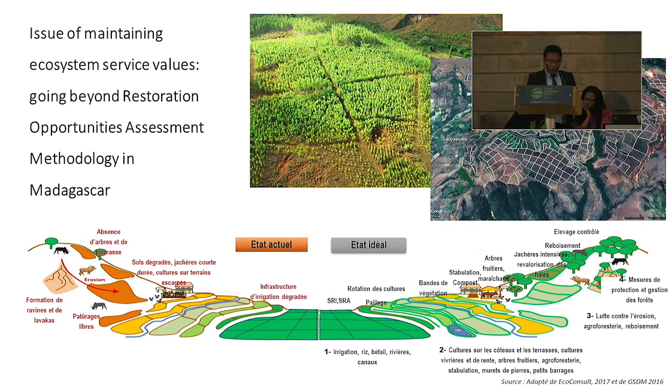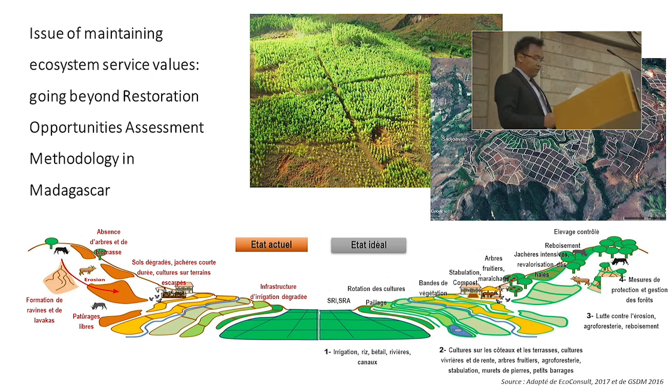The solutions to forest problems are not only from forestry. They have to be more integrated, through an intersectoral approach with coherent territorial planning. Looking for restoration options is not enough, and it drives most of the time into a sectoral approach.